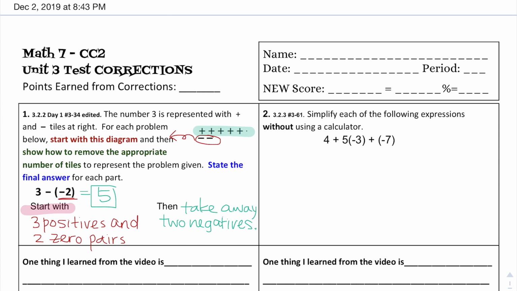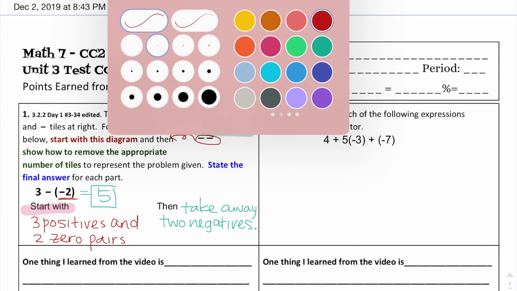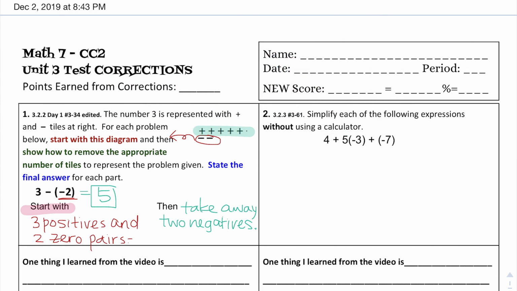So 3 positives and 2 zero pairs. I have 3. I didn't really state it, but I have 3 positives. I can go ahead and write that equals positive 3.